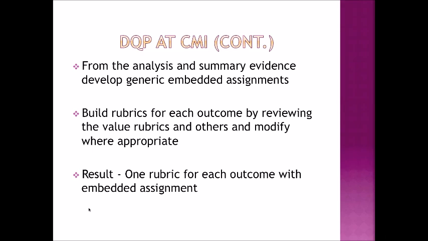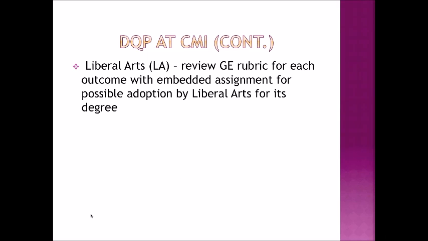Okay, at this point, since we were working with the general education student learning outcomes, we wanted to obviously link this to a degree. Our liberal arts learning outcomes are very similar to the general education program learning outcomes because it is our transfer degree. As a result of this, we have articulation agreements with various colleges that will accept our liberal arts degree for their general education requirements at a 4-year university.